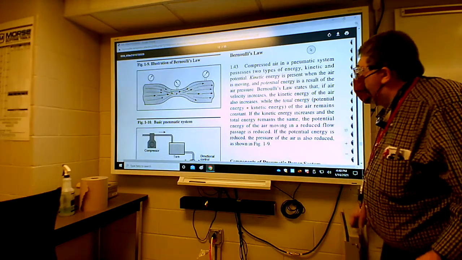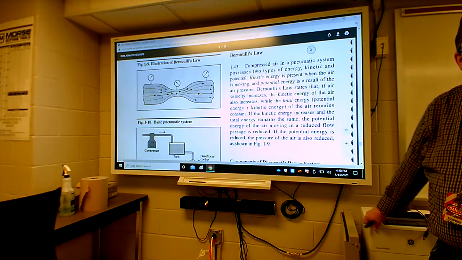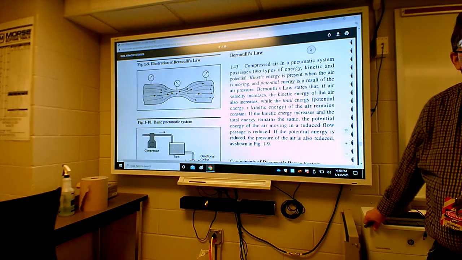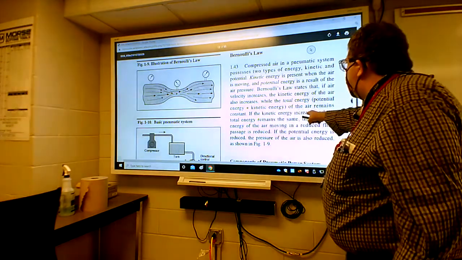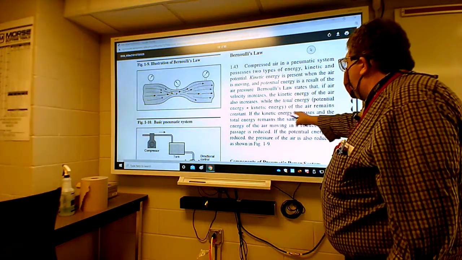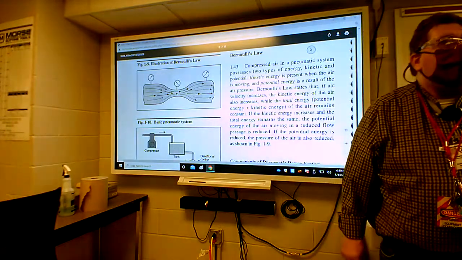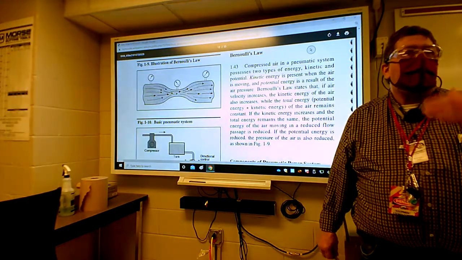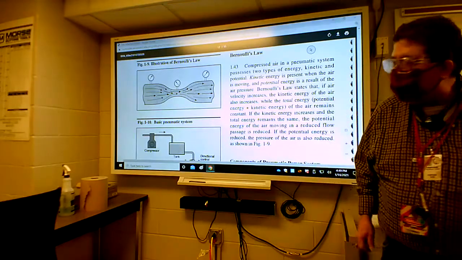The total energy would be your kinetic and your potential added together. If you add them up at any time, your total energy is supposed to be the same. But if the kinetic energy increases and the total energy remains the same, the potential energy has to be reduced, which would be the pressure. So if your velocity goes up, the pressure goes down. That's your theory there.